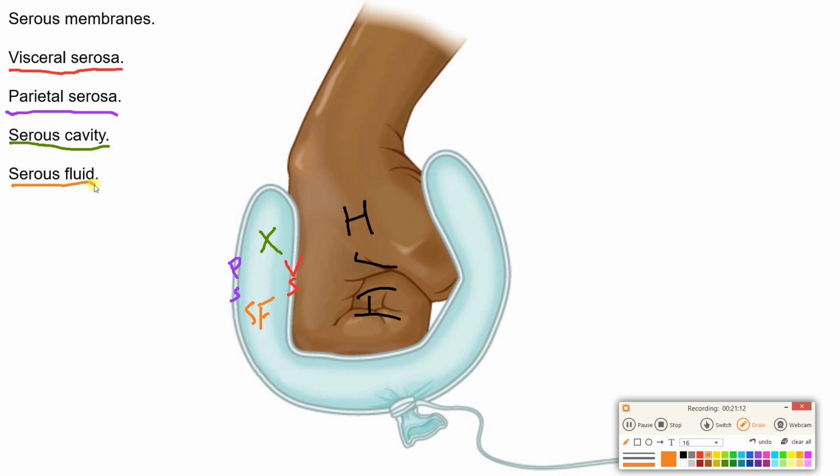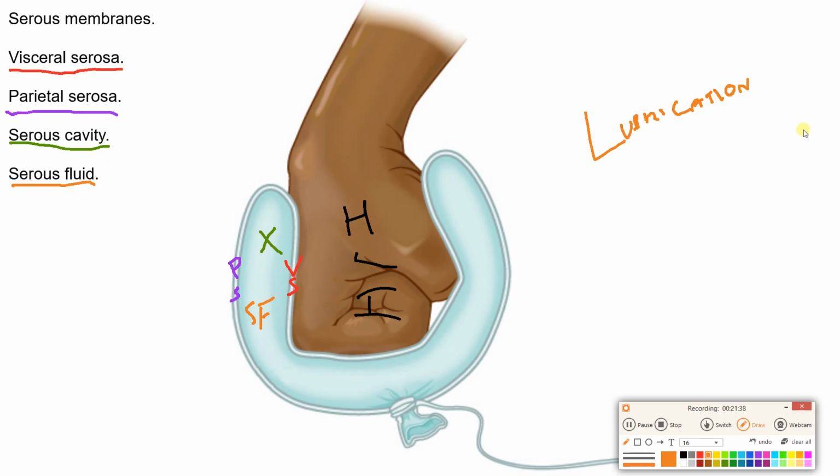Now, why do we have a fluid-filled cavity here? We have a fluid-filled cavity here for an important job, and that job is lubrication. So think about the heart. The heart is going to fill up with blood during every heartbeat. It's going to fill up, it's going to contract, right? The lungs fill up with air. They inflate, they deflate.